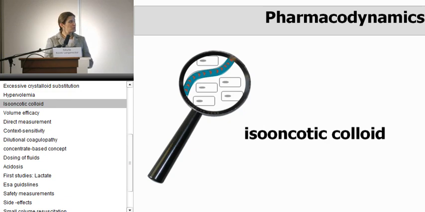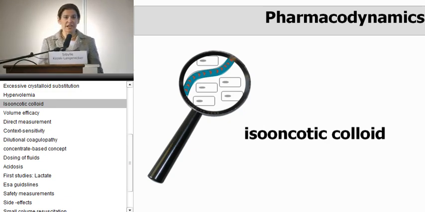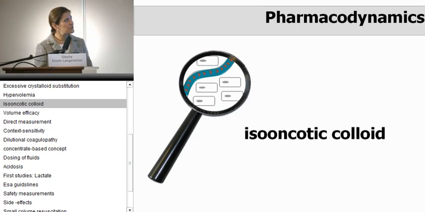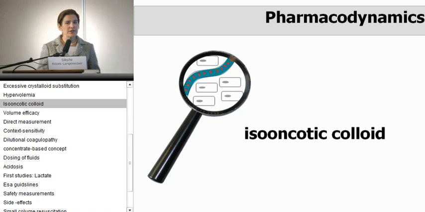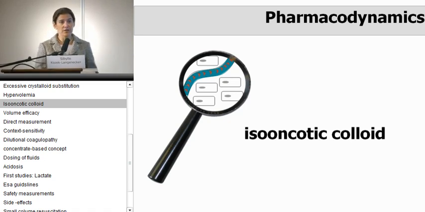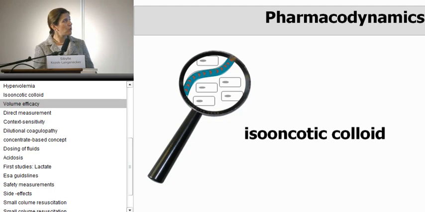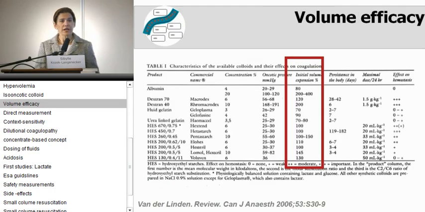Now, the next option would be to use iso-oncotic colloids, which act intravascularly, especially and probably limited to the situation when the endothelial barrier is intact. And this should be the case, for example, in the early phase in trauma. We do know that iso-oncotic colloids, but also hyper-oncotic colloids, have a good volume efficacy going beyond 100%.